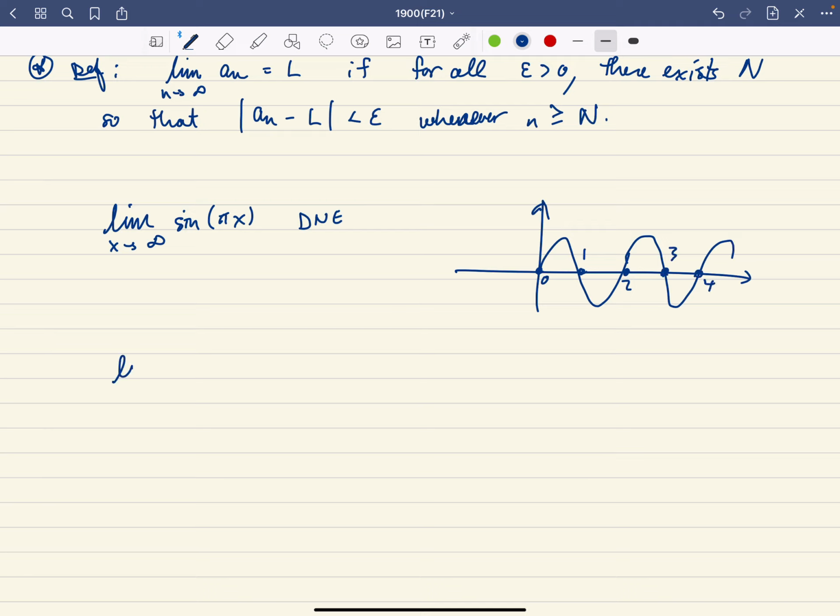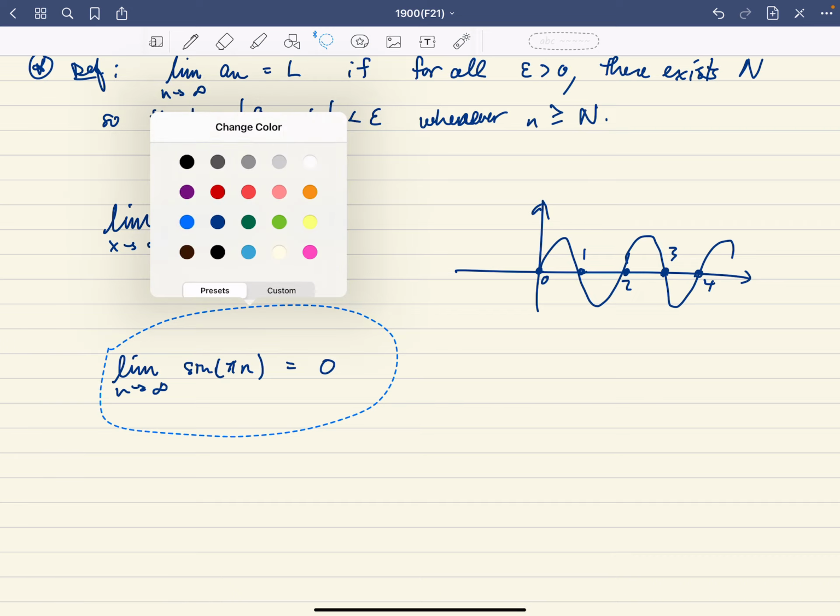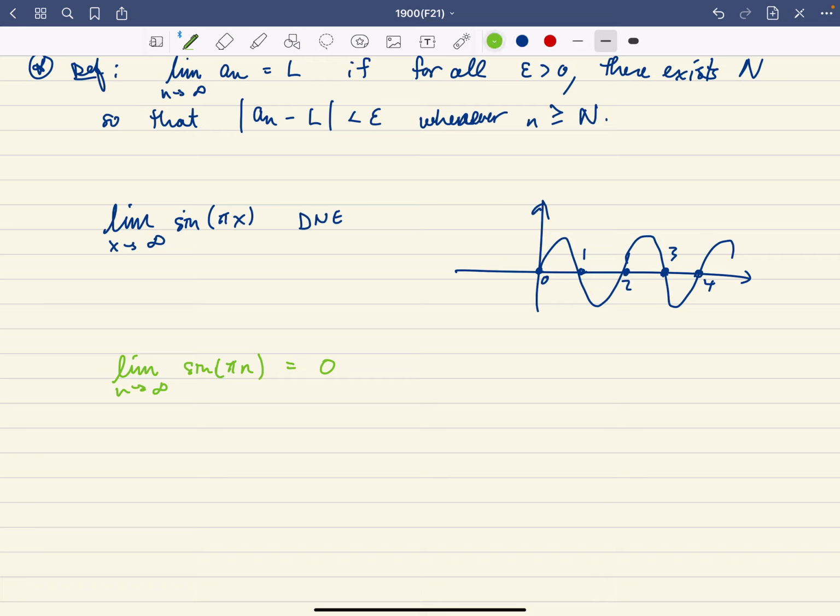However, look at the limit as n goes to infinity of sine of pi n. n is a non-negative integer, and sine of pi n is always 0. This sequence is just all the values where the function is 0, so it's really just the 0 sequence.